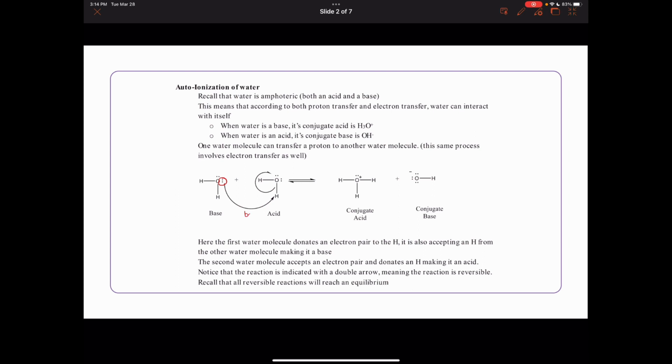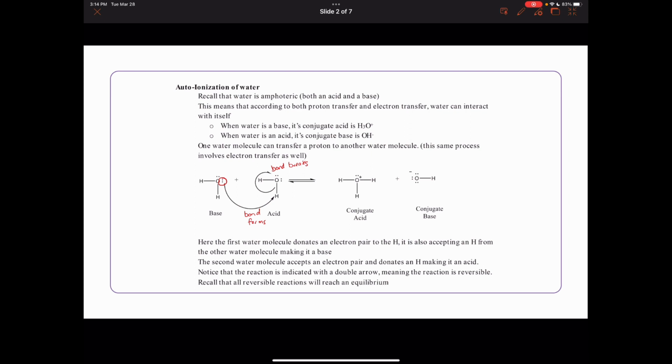So this bond forms, this bond breaks. So when we form that bond to the hydrogen, we're going to get our hydronium, the H3O+. We break the bond to hydrogen, we're going to get hydroxide, our conjugate base.